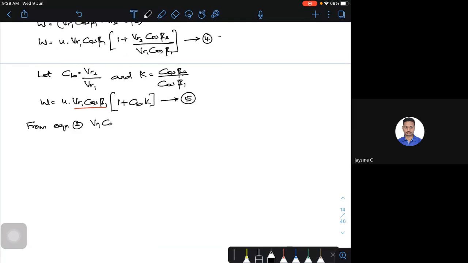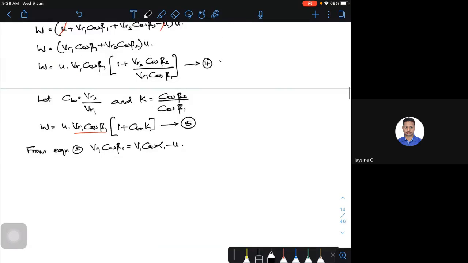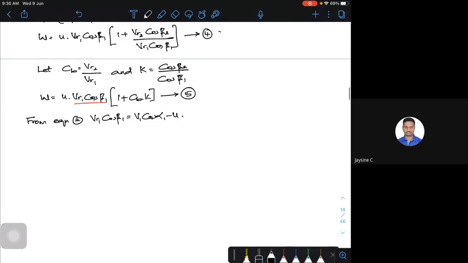VR1 cos beta 1 is equal to V1 cos alpha 1 minus U. This is what I got. Cos beta 1 is equal to VW1 minus U from that expression. So what is VW1? It is V1 cos alpha. Let me write that on the right-hand side so it will be easy for you.